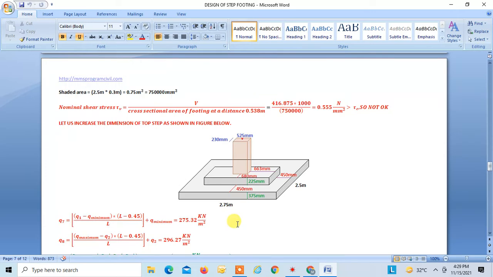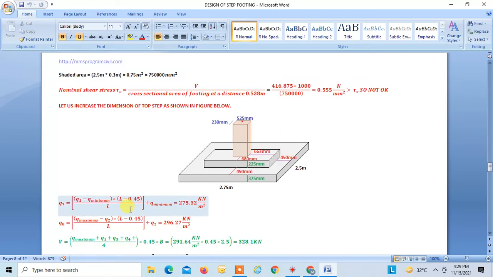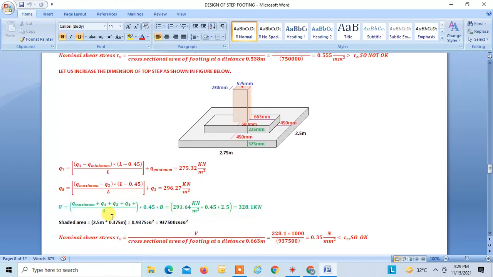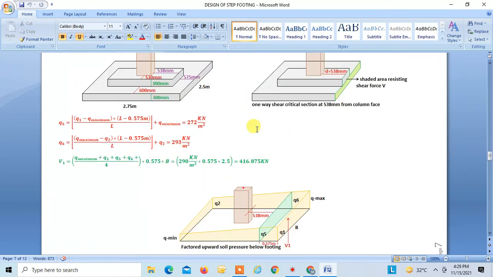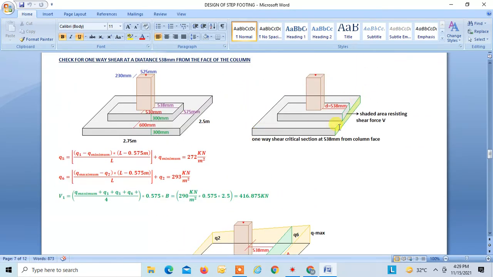So now let me check for this section, that is over here. Again you can find q7 and q8. You can find the average q into 0.45 into b. That will give you the new V, right? That is 328. And the shaded area has been increased.